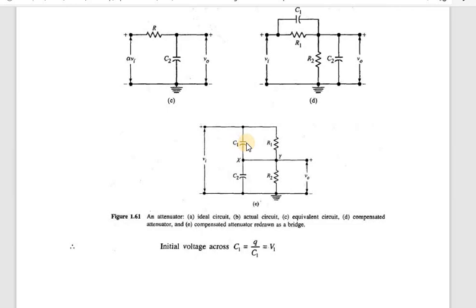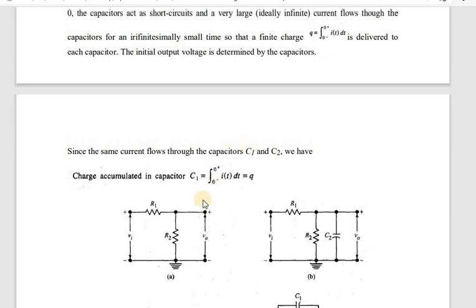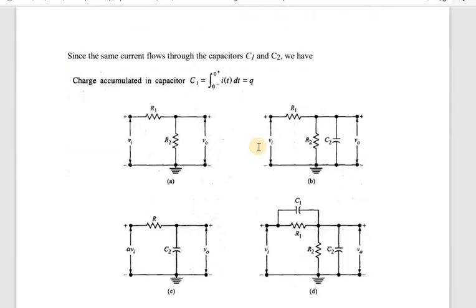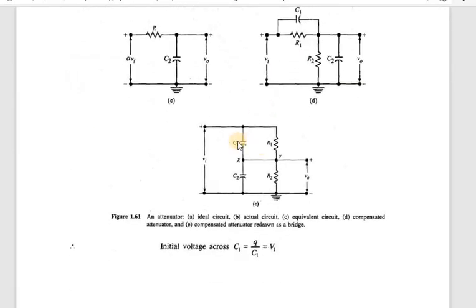To find the charge on both capacitors, you can use the integral from 0 minus to 0 plus of i(t) dt, because the current flowing through both capacitors is the same. So by using this formula you can find the charge on both capacitors.